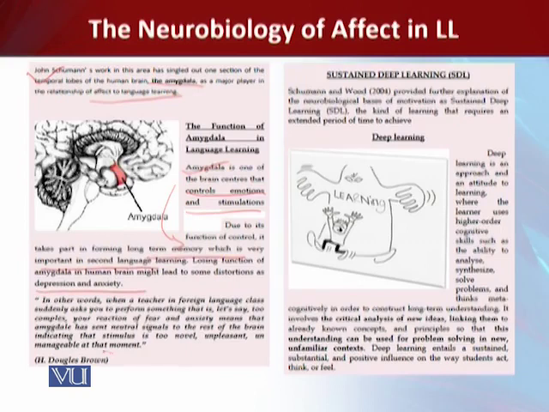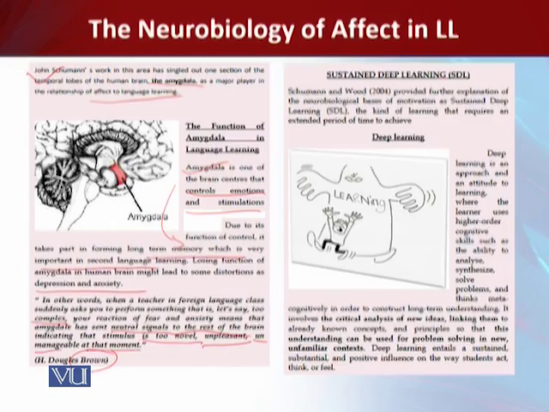According to Brown, in other words, when a teacher in a foreign language class suddenly asks you to perform something that is, let's say, too complex, your reaction of fear and anxiety means that the amygdala has sent neural signals to the rest of the brain, indicating that the stimulus is too novel, unpleasant, or unmanageable at that moment.